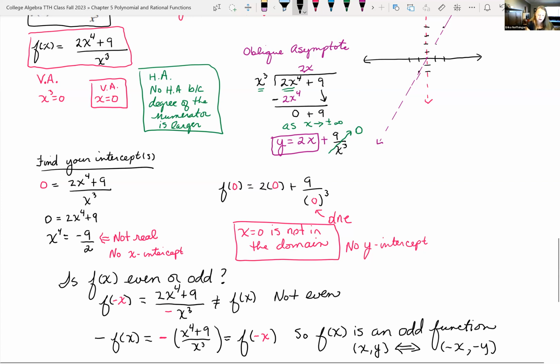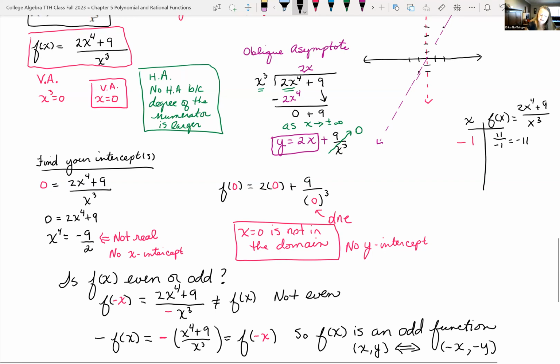So now when we go in here and plot one of our points, if we plugged in negative 1 wherever we saw an x, well, I get negative 1 to the 4th power, which is positive 1. Positive 1 times that 2 out front is 2, and 2 plus 9 is 11. So I have 11 in my numerator, all over negative 1 cubed is negative 1. So this would give me back negative 11.